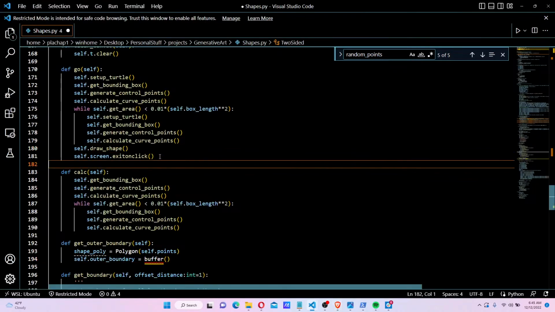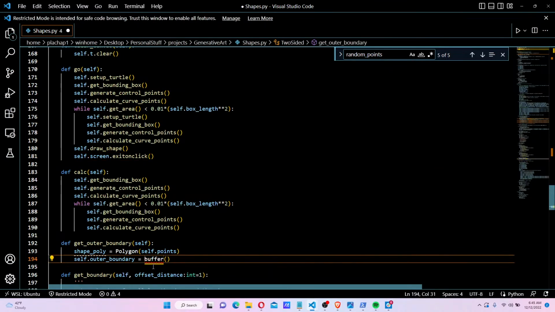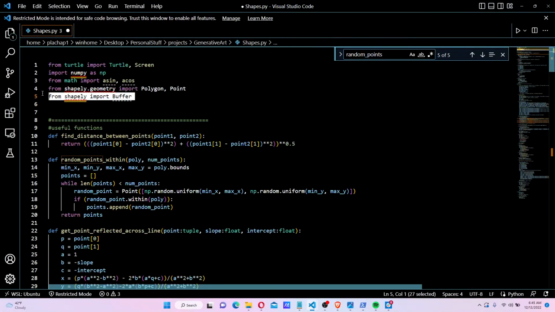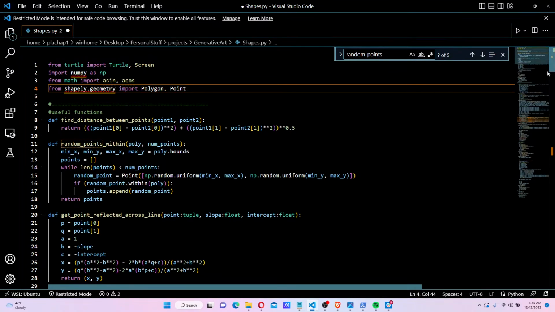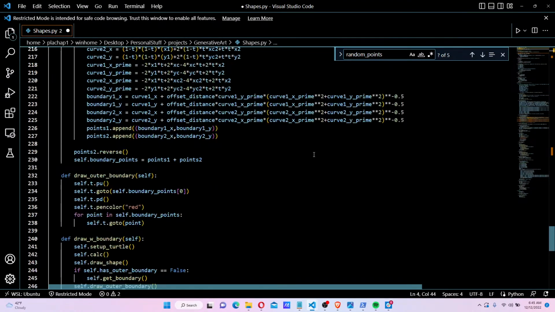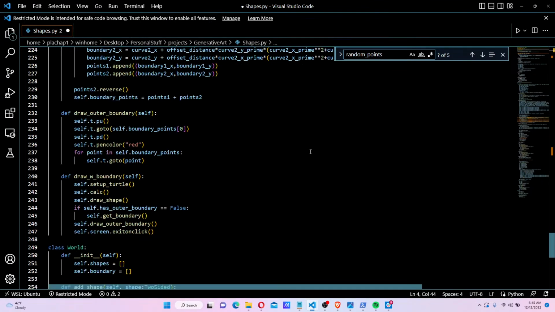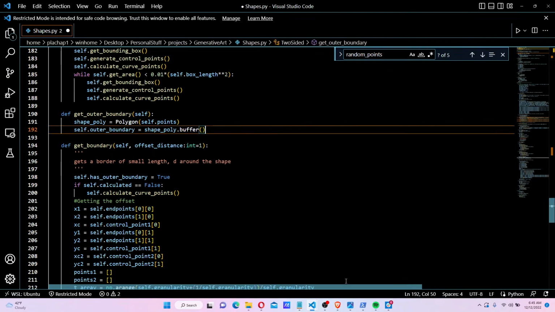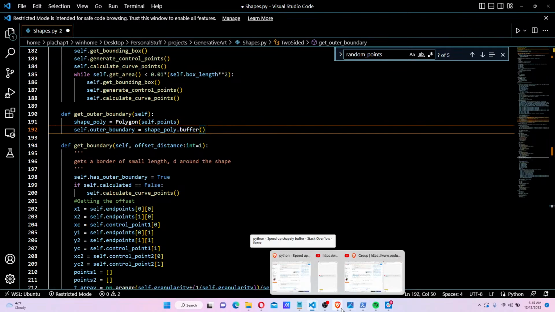You do dot buffer. So it's just shape poly dot buffer. So we can take that out. Yeah, so what does this return?